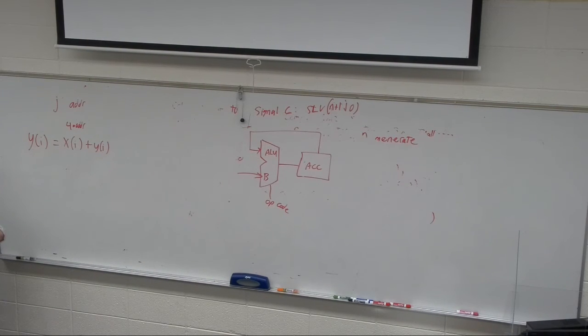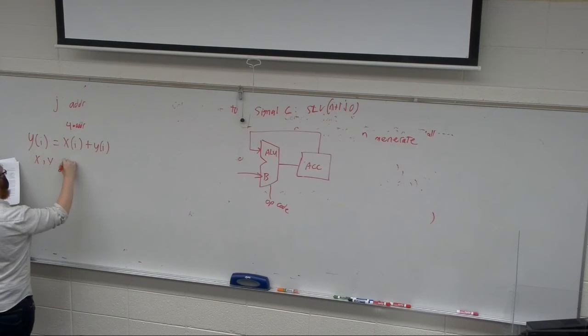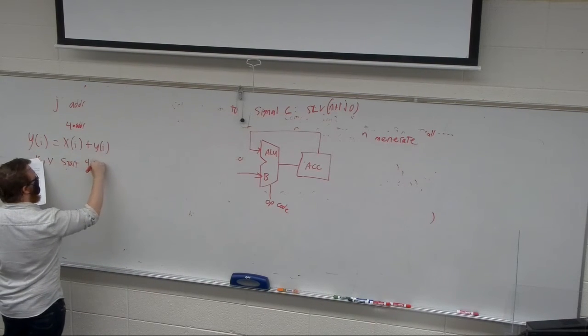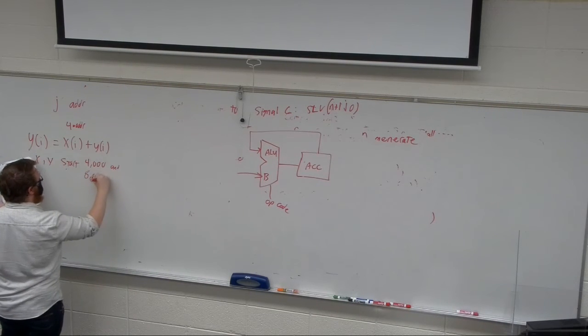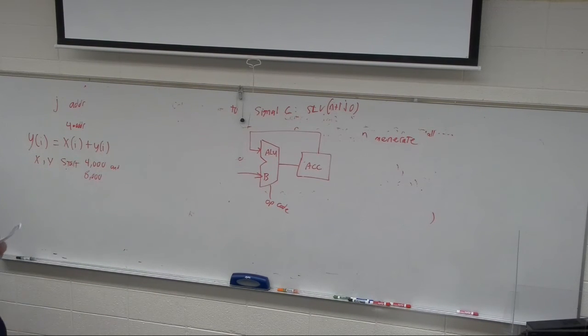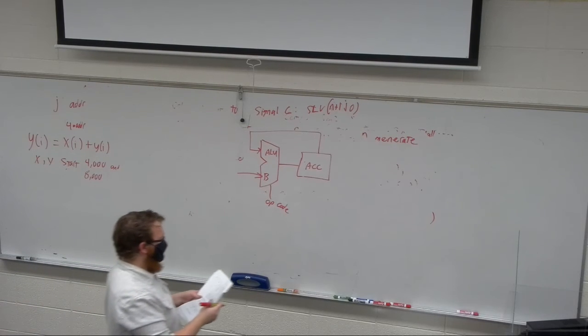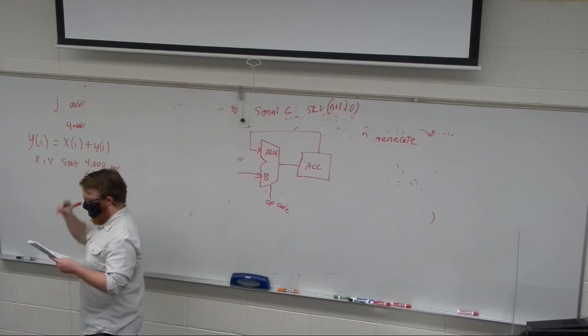We're going to loop through 100 of these. Assume that X and Y start at 4,000 and 8,000 for their starting locations. So then we're going to start writing this loop.